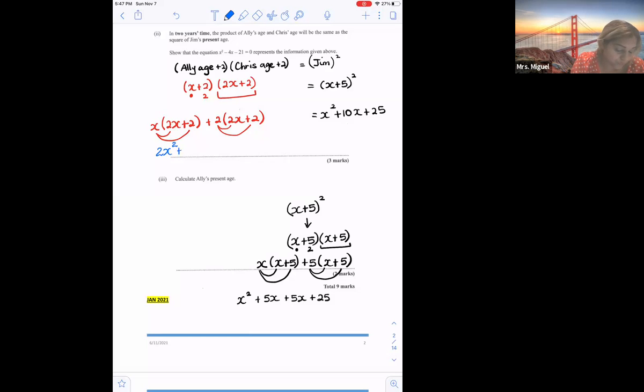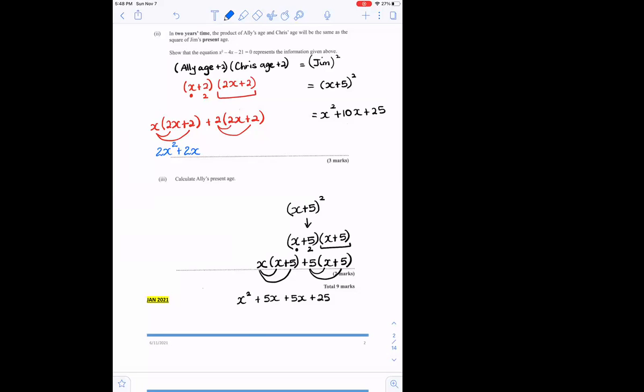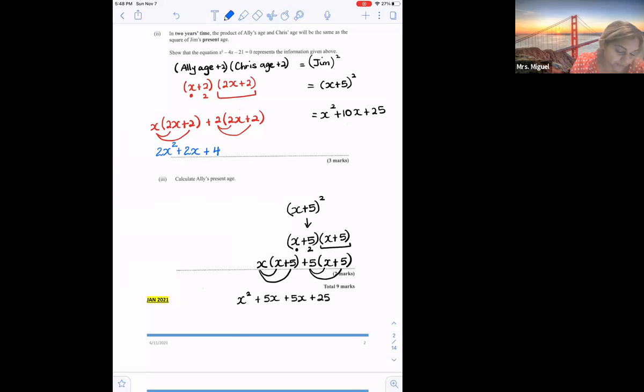X by 2, we will get 2x. Do you all have that? Yes, miss. Then 2 by 2 will give us 4, plus 4 is equal to x squared plus 10x plus 25.